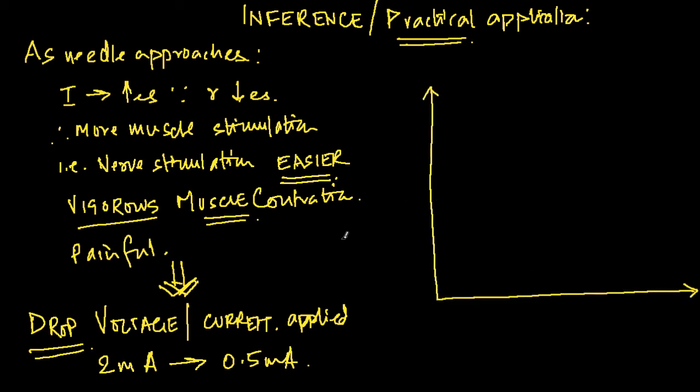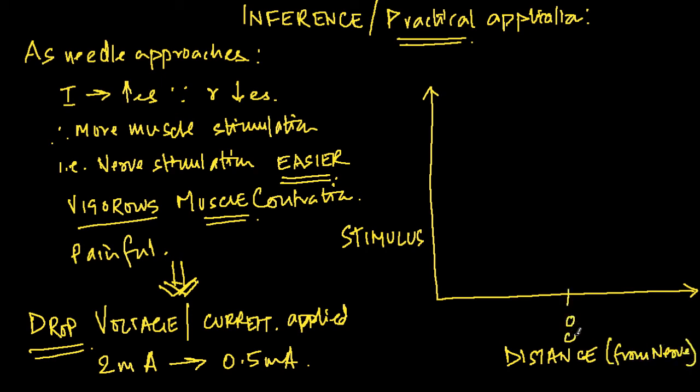This can be better understood by this diagram, which shows the stimulation current on the y-axis and the distance of the needle from the nerve on the x-axis. Let's assume this is 0 centimeters, and 0.5 centimeters on either side, and 1 centimeter further out.